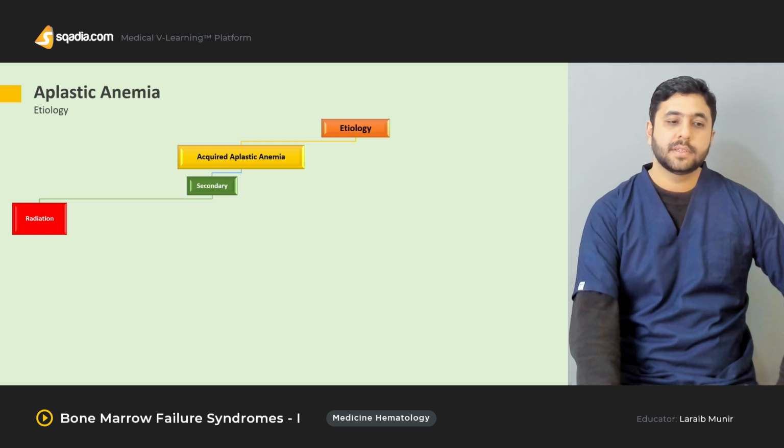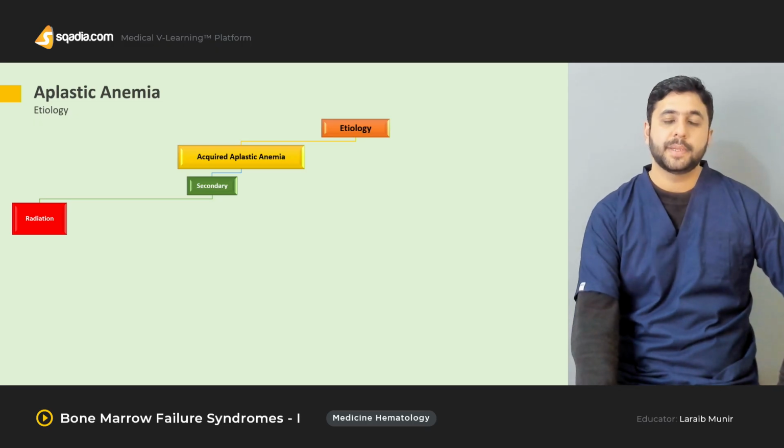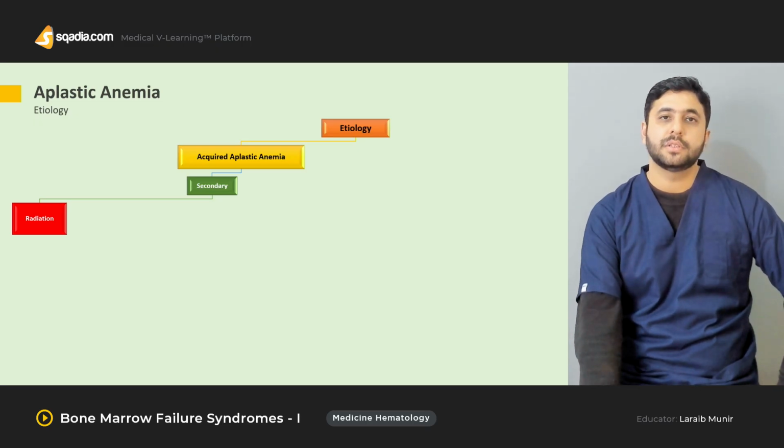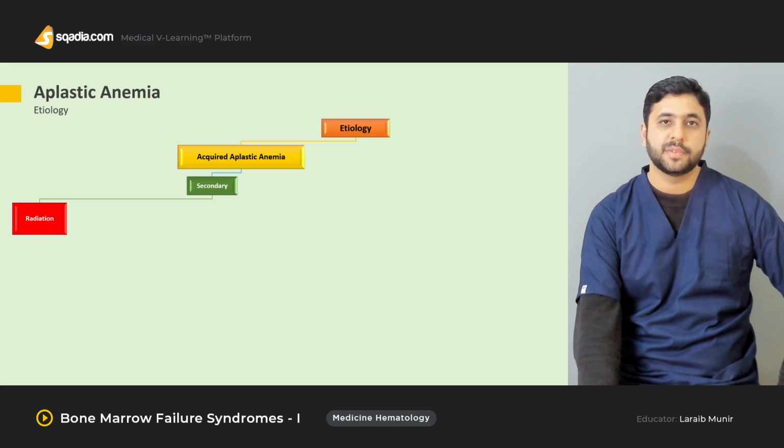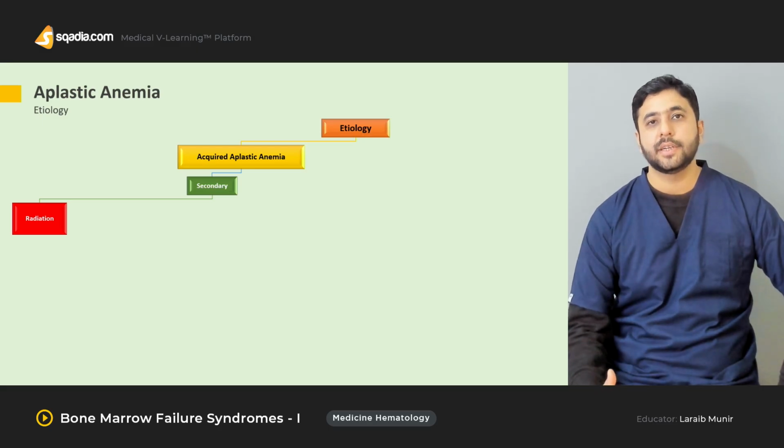The most important ones are certain types of radiation, specifically in patients undergoing intensive chemotherapy or intensive radiotherapy. These patients present with problems with the bone marrow, as the bone marrow is very radiosensitive because it is a very rapidly dividing tissue.